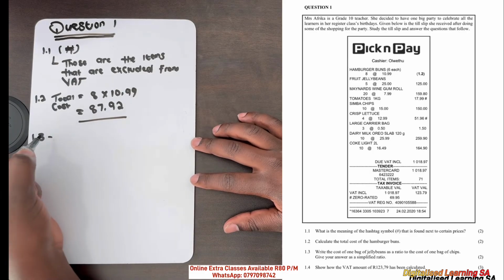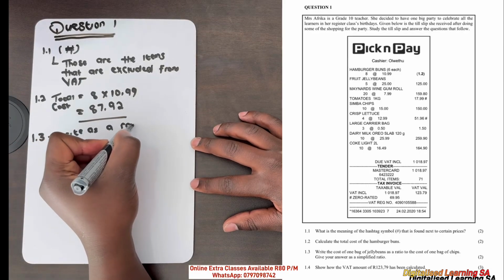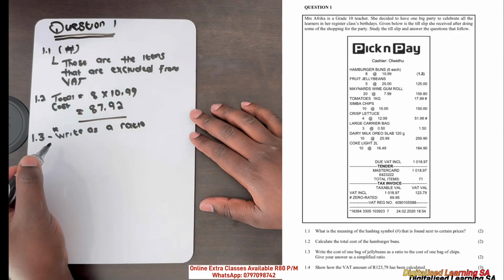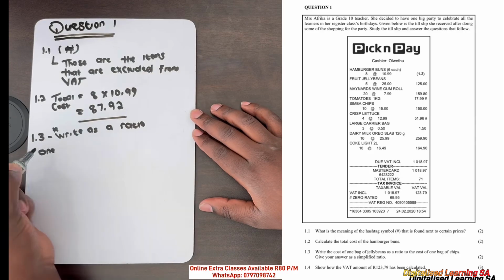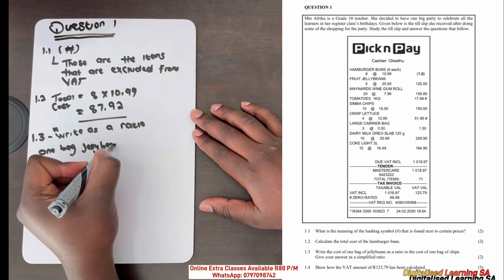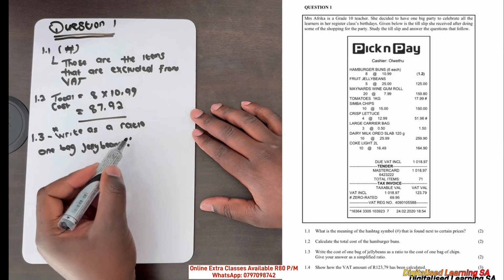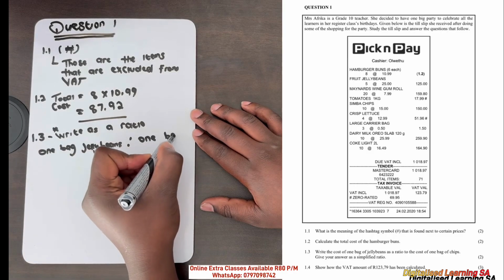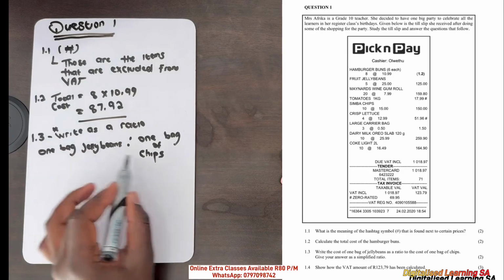So we are told to write as a ratio: 1 bag of jelly beans to 1 bag of chips. Remember, it's a ratio, that's why we need to have the 2 dots.